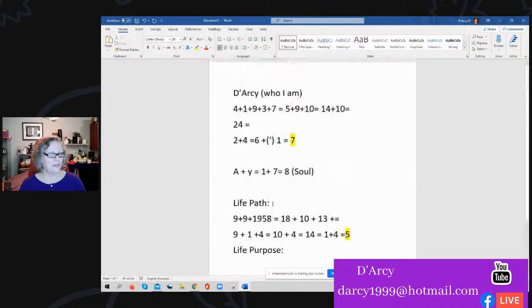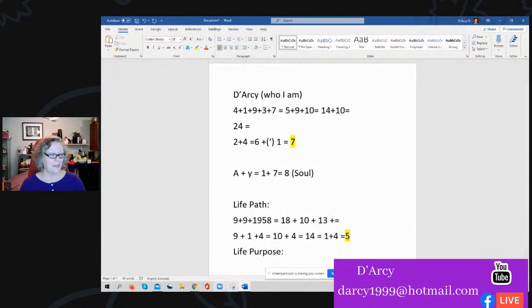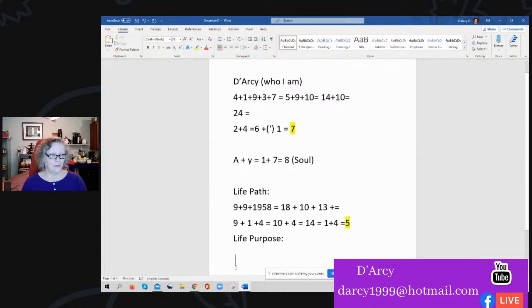Okay, life purpose becomes the 7 up there plus, and I can't add, plus my life path, which is 5, which equals 12, which equals 3. I had the right answer. I just did it wrong.